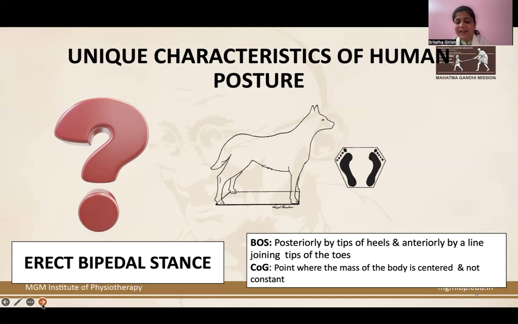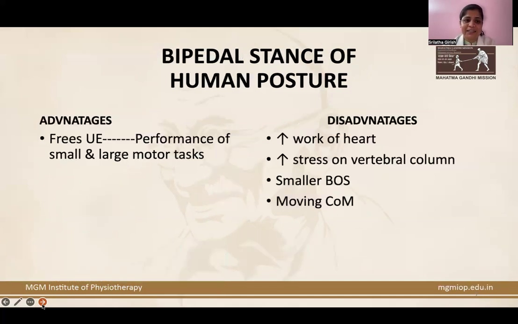Now, there are advantages and disadvantages to this bipedal stance. The advantage is that it frees up our upper extremities, allowing us to perform both small and large movements with our arms and hands. However, there are some disadvantages as well.